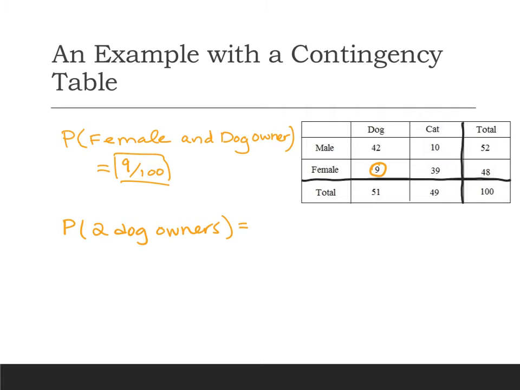Well, dog owners, that's 51 out of 100 for the first one. And then if I can potentially select that same person again, then I would just say squared. So 51 out of 100 squared gives us about 26%. So 0.2601.